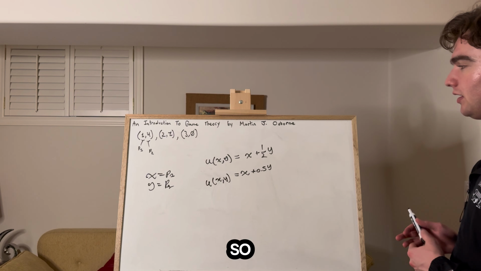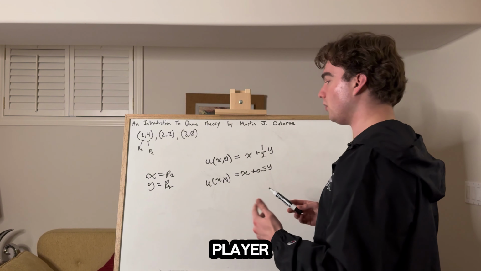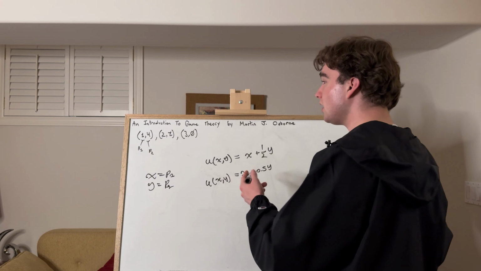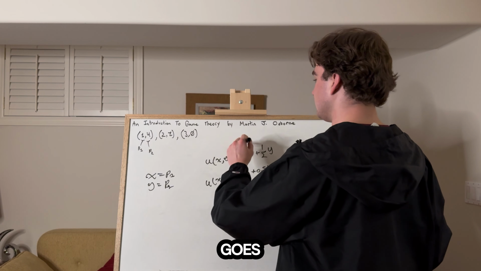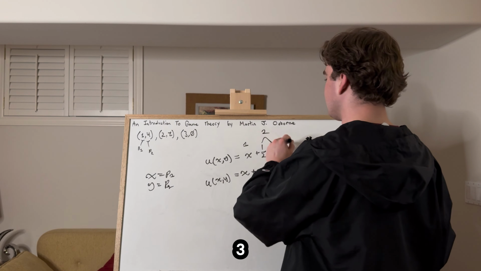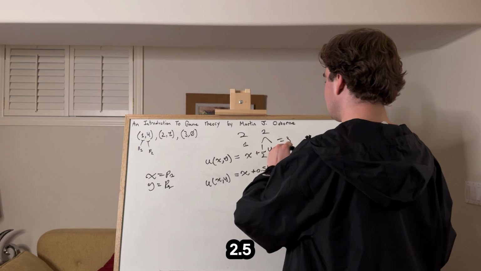with our game. So to solve this, to figure out what player 1 wants, we just need to find their highest utility. So in this case, well, x goes to 1, y goes to 4, this equals 3. For this one, this is 2.5.